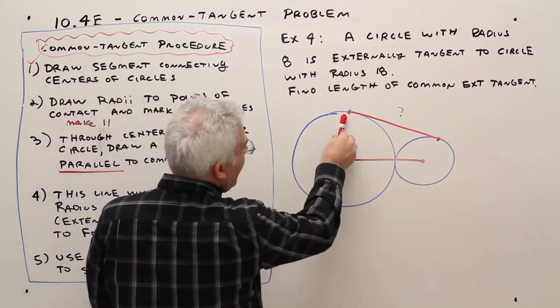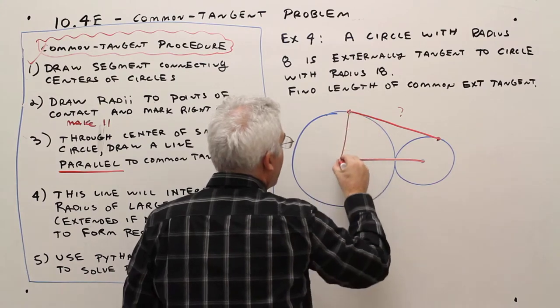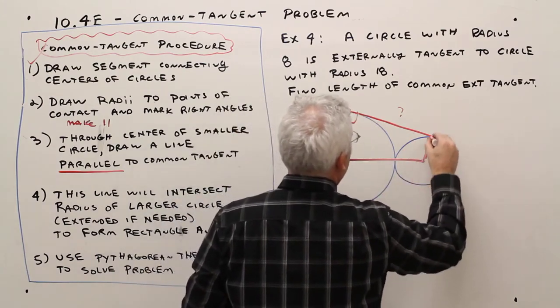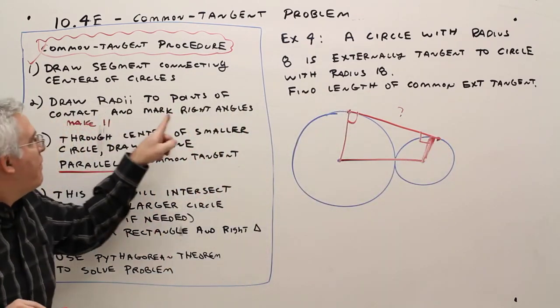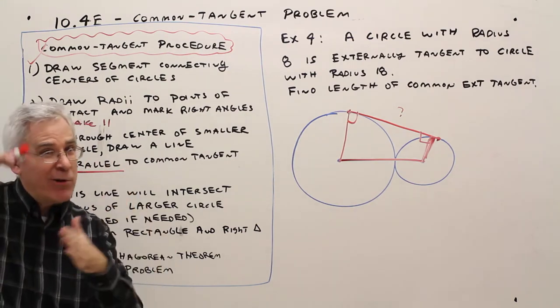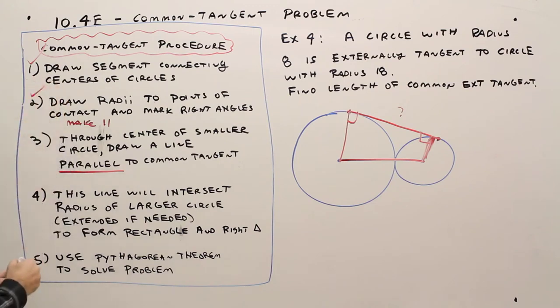So once you do one, do the other such that it's parallel. And right away, mark the right angles. I always do that immediately so I don't get right angle confusion. Okay, step 2 is done.